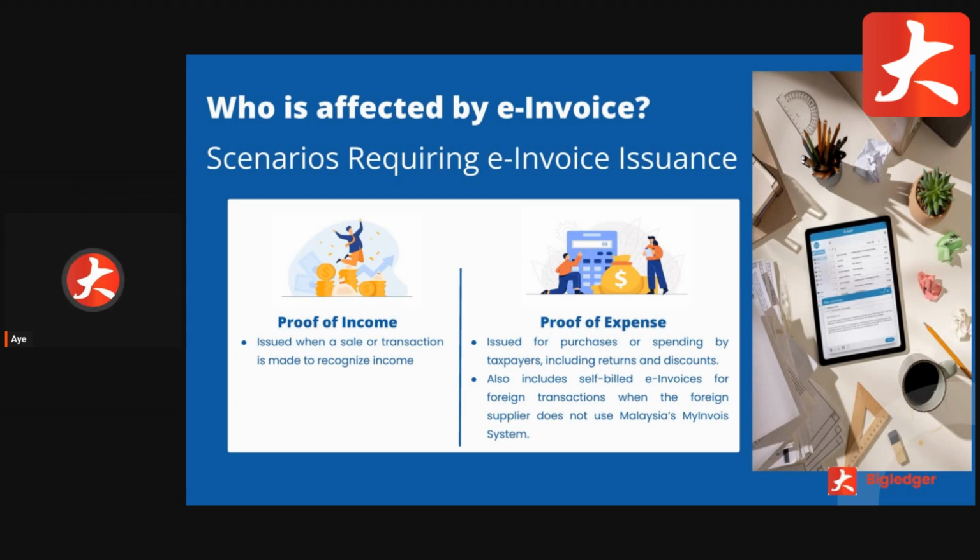Additionally, in cases involving foreign suppliers who do not use Malaysia's MyInvois system, the taxpayer must issue a self-billed e-invoice to document the expenses. So you need to prove to IRBM that you already have those expenses.